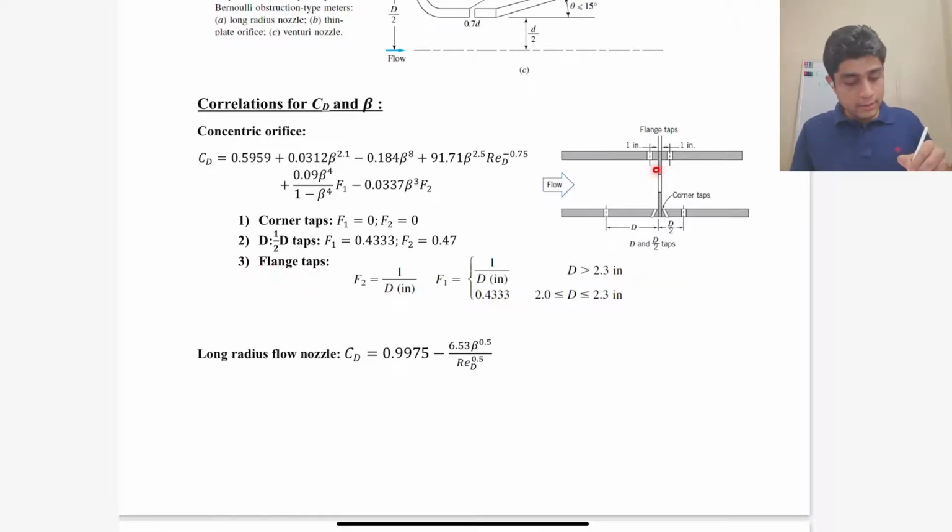And flange taps means the pressure taps are placed at a fixed distance, like one inch from the orifice plate. So for each of these pressure tap locations, you have different expressions for the coefficient of discharge.